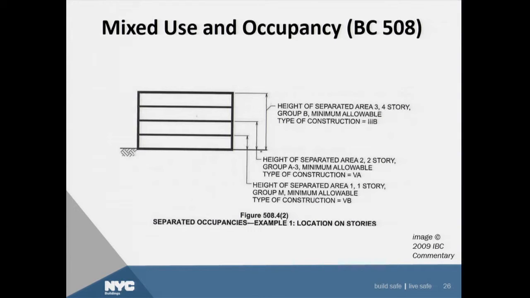For a two-story group A3, you would have a maximum of VA, 5A. And for a four-story, you would have a 3B. I believe our building code actually limits you to 3 stories, but in the IBC, which is slightly different, it's allowed to be 4 stories. But the point of it is that you can have separated occupancies that go vertically as well.